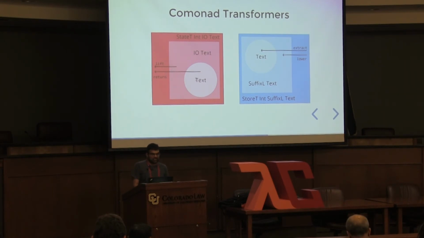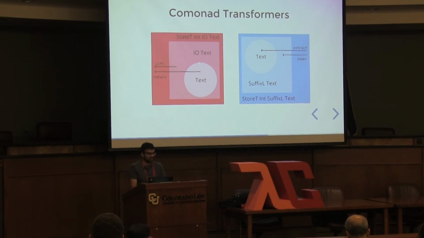So return on this stack of monads, StateT Int IO, where your internal monad is the IO monad, returning a text into this monad lifts it all the way to the StateT Int IO, the double stacked monad. Whereas lift takes an IO text and lifts it up to the one higher monad.